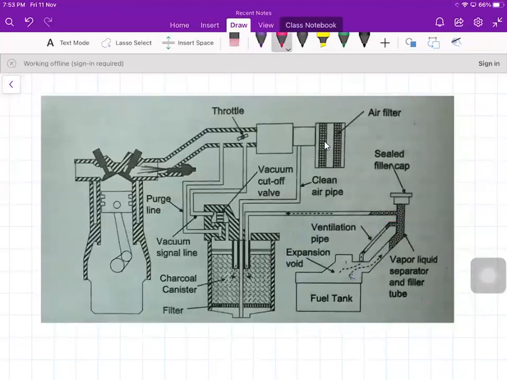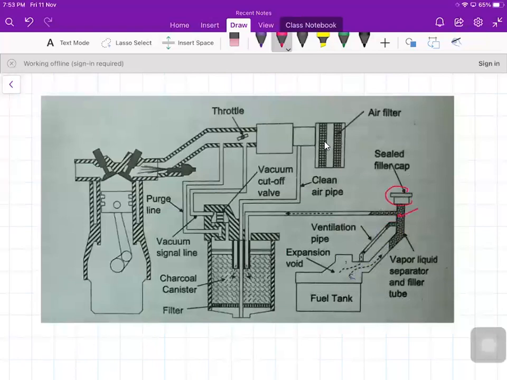Now assume these are the four ways of losses: diurnal evaporative loss, running losses, hot soak, and refueling. After the rise of temperature of the fuel tank, the fuel gets vaporized and stored here in the vapor liquid separator tank.